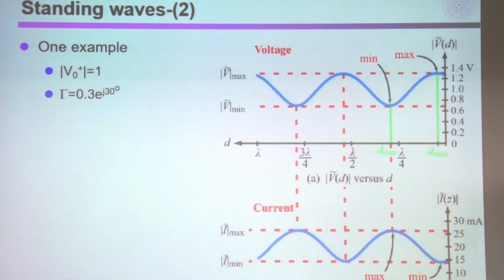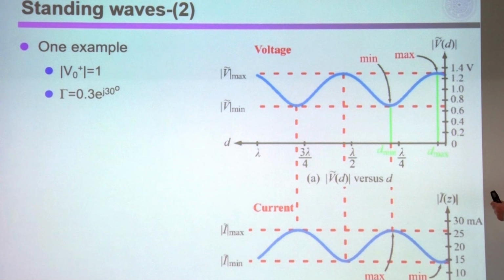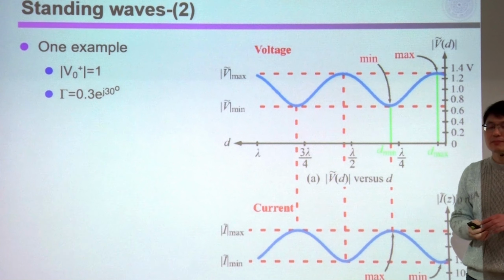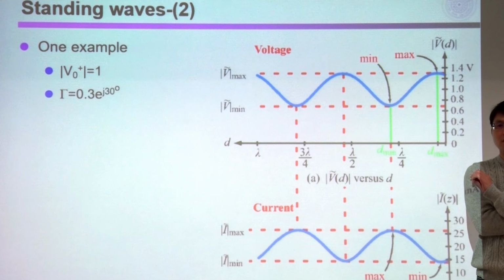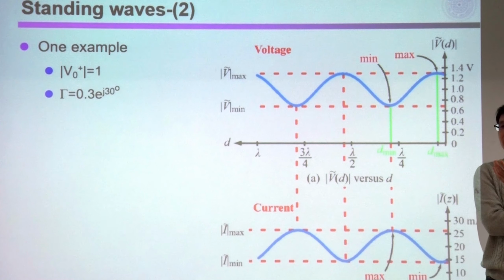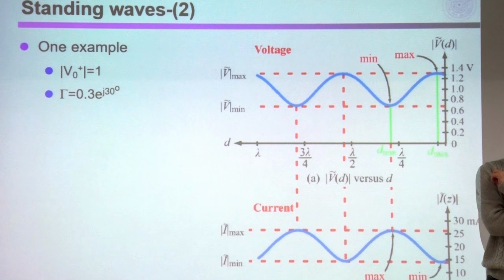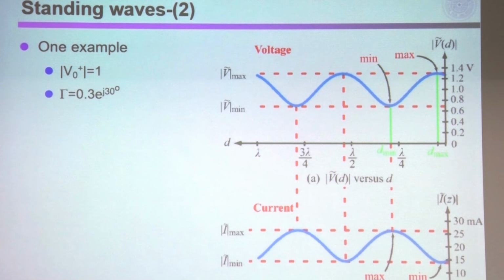So now the question is, from this mathematical equation, what can we learn? Do we only learn the derivation, or can we learn some physical meaning and remember it forever? What is the meaning of 2 beta d?